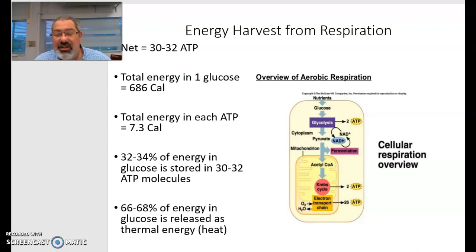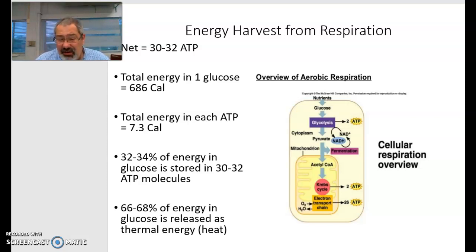The net energy harvest from aerobic respiration is somewhere between 30 or 32 molecules of ATP. It just depends on prokaryote versus eukaryote, the movement of organic molecules across membranes that may cost energy as well. So the total energy that is captured is somewhere around 32 to 34%.